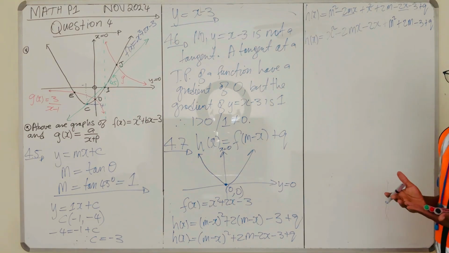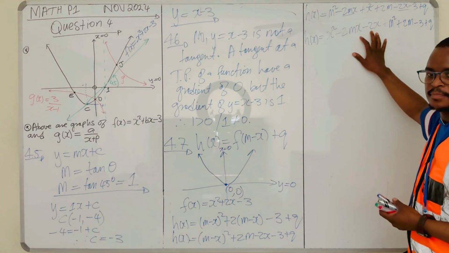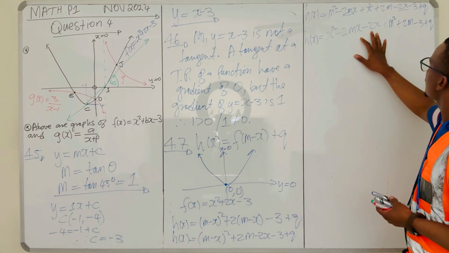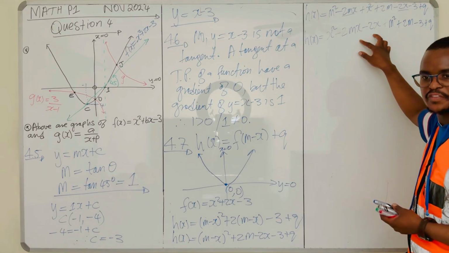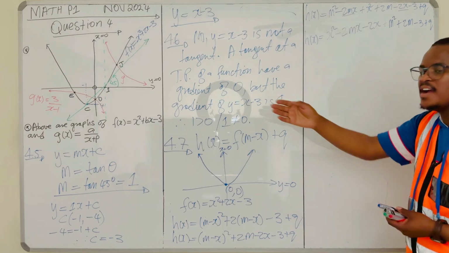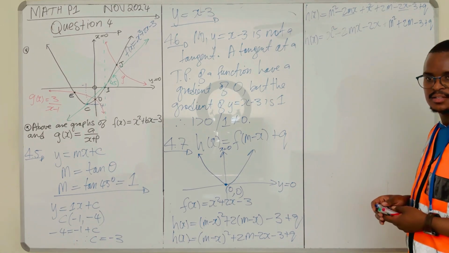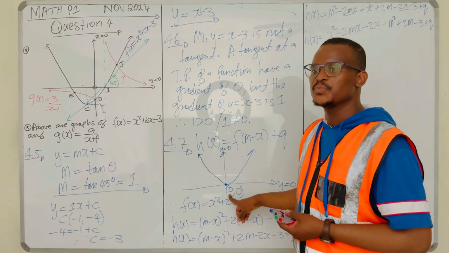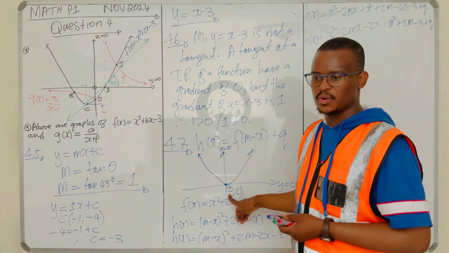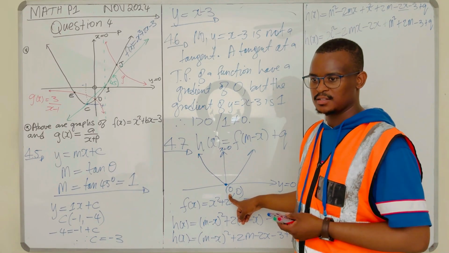So we want to calculate the value of m. So let's use this part, because this part is the one that will give us the turning point, the x-coordinate of the turning point. And we do have the x-coordinate of the turning point. The x-coordinate of the turning point is what? It is 0, because that's where we only have one root of this quadratic function.